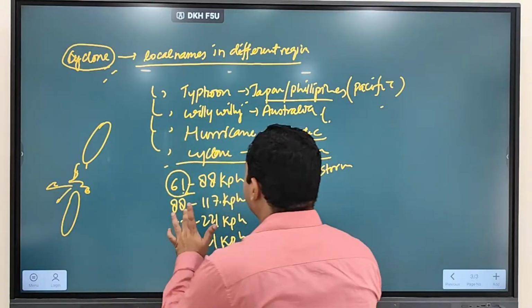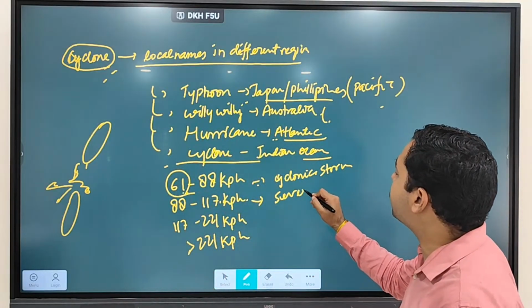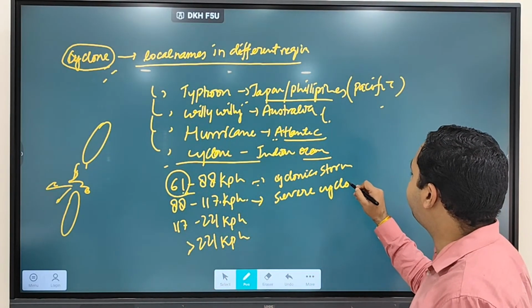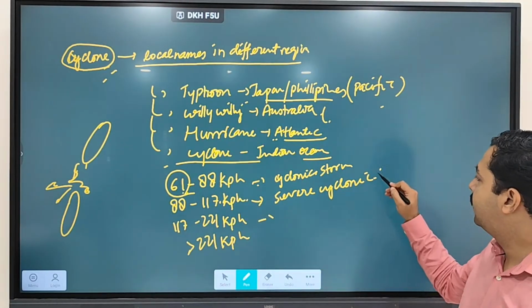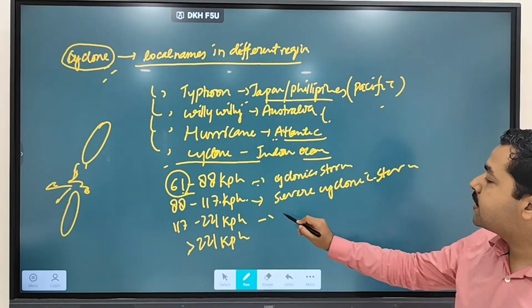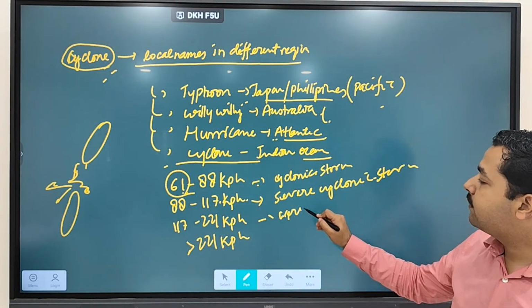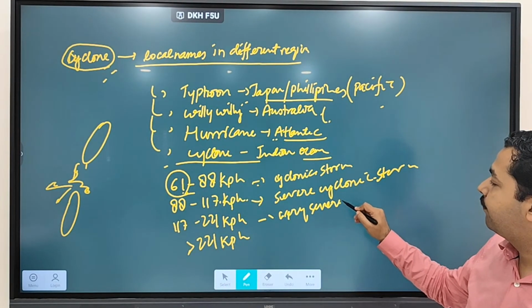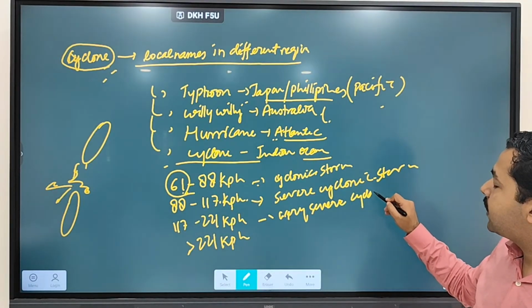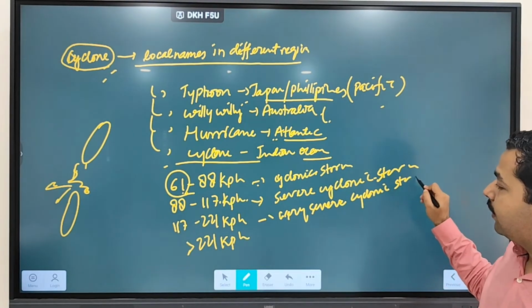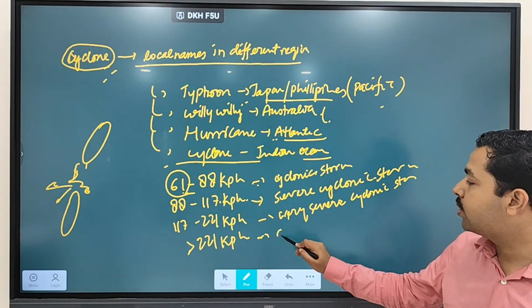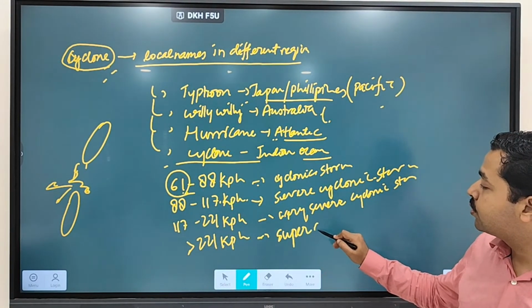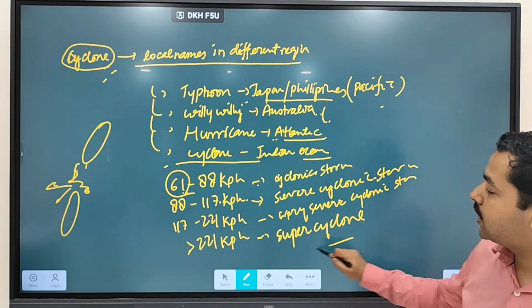Then if wind speed is in the next range, it is going to be called a severe cyclonic storm. If it is higher, it is going to be called a very severe cyclonic storm. And if wind speed greater than 221 is there, then it is going to be called a super cyclone. So sometimes you will use this term super cyclone.